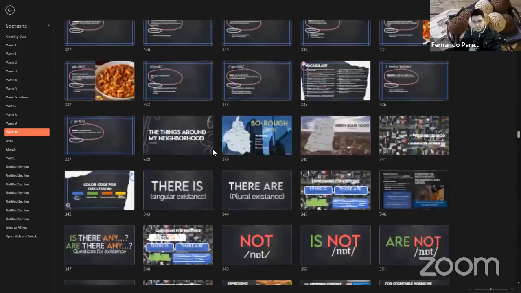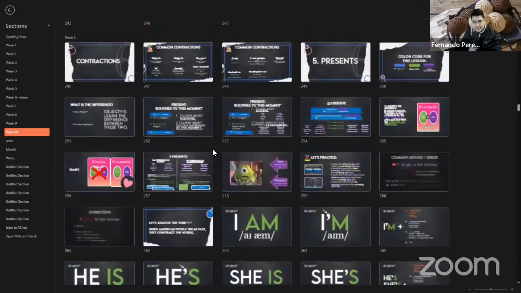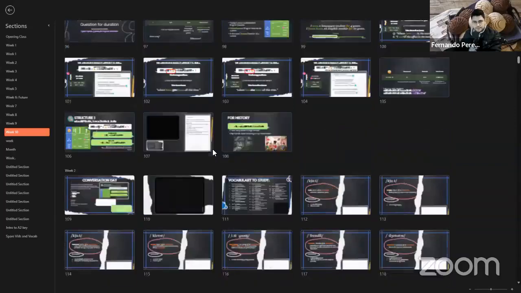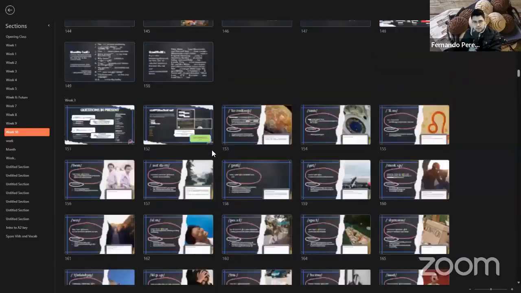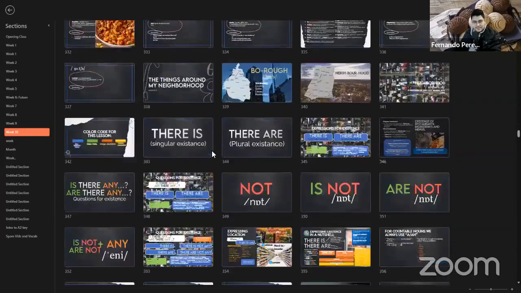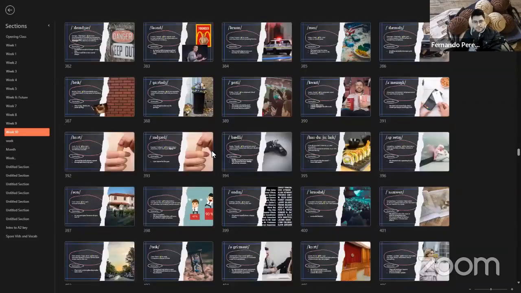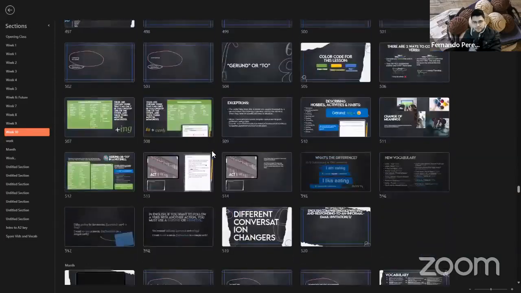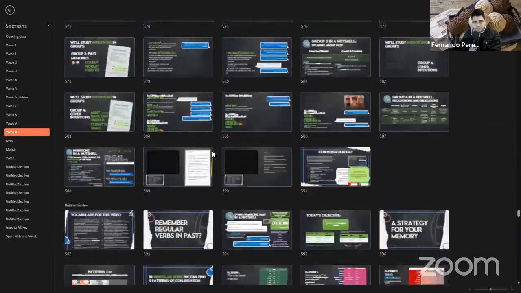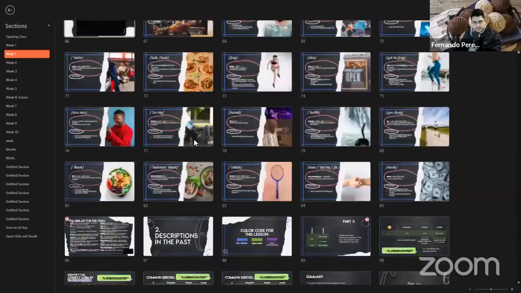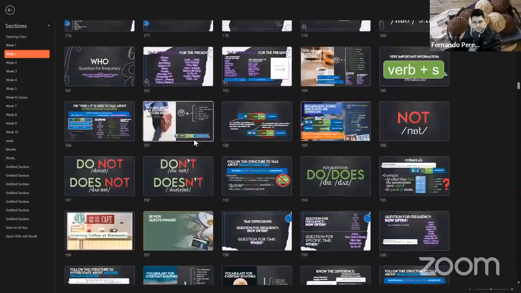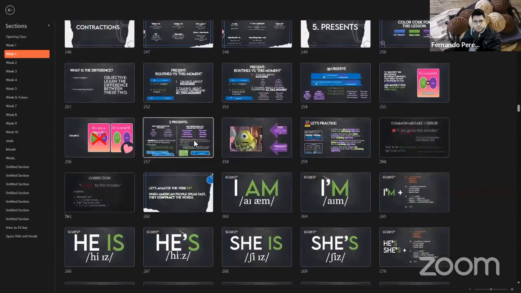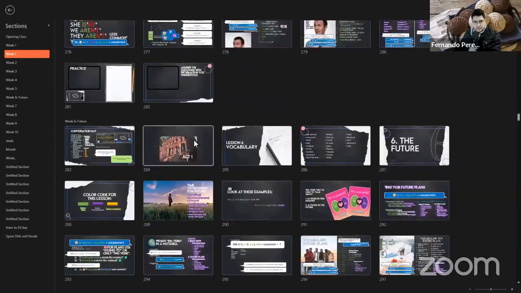If you want to take a screenshot of these slides, you will see a very specific list of verbs that need ing. But let me find it because I don't know where it is. Activities.